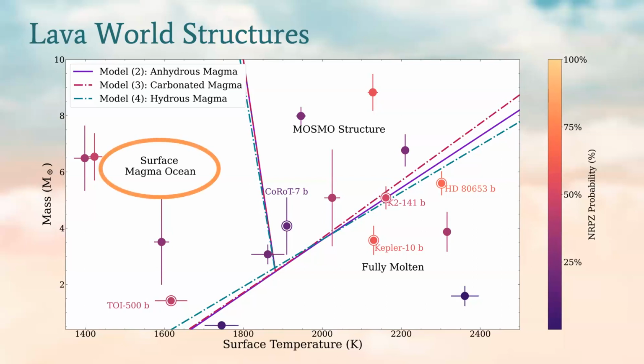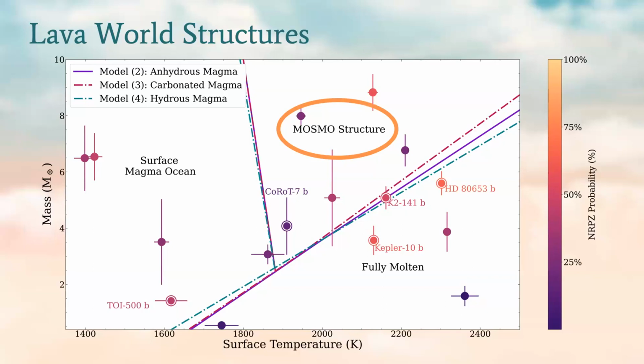So for the surface magma oceans, you're looking at any sort of mass really and low temperatures. And then this MOSMO structure, you're looking at these dense, massive planets at higher temperatures, and then fully molten, generally lower masses, high temperatures.